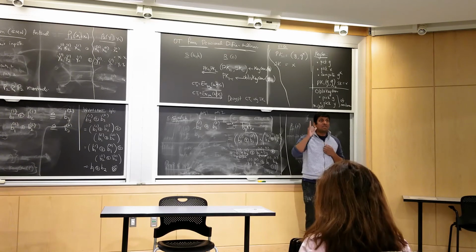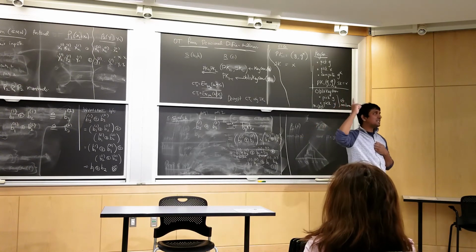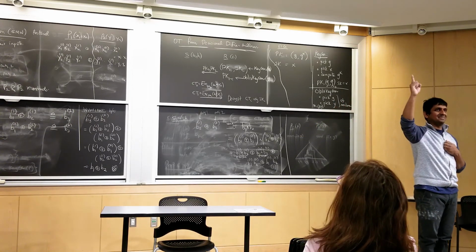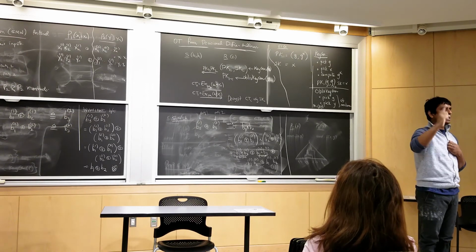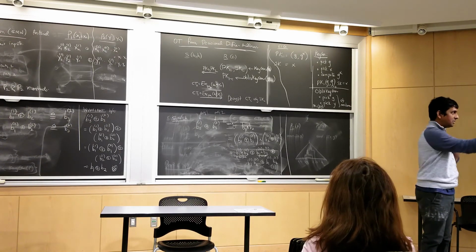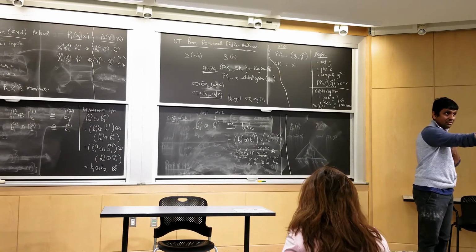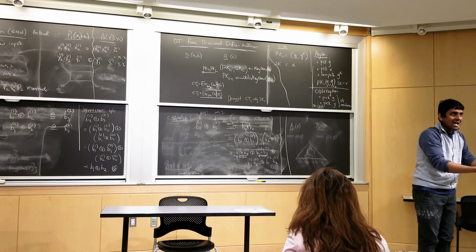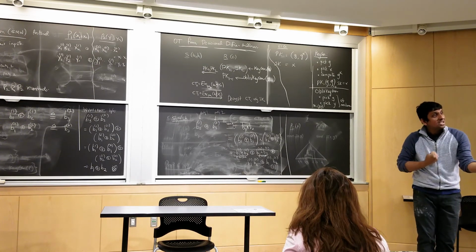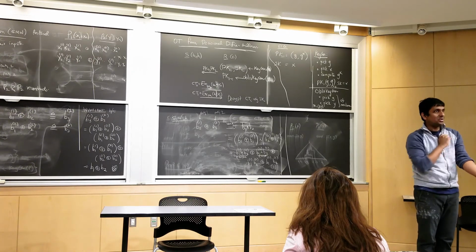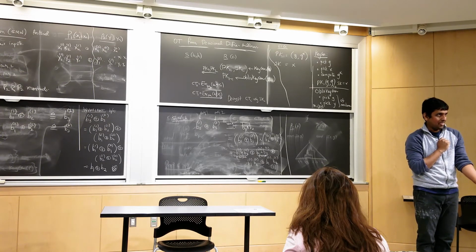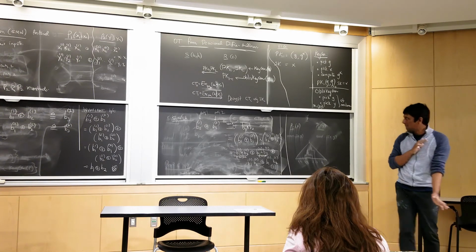But we know this protocol called secure shared AND, which says that I take a bit for myself, you take a bit for yourself, we run a protocol, at the end of which we get an additive secret sharing of the AND of the two bits. That's the promise.